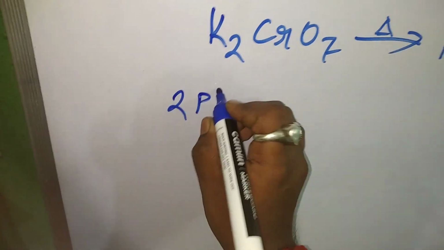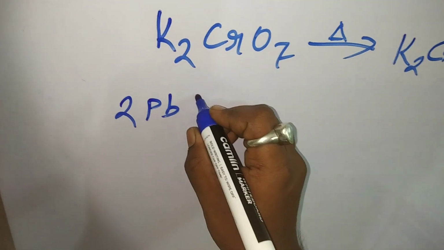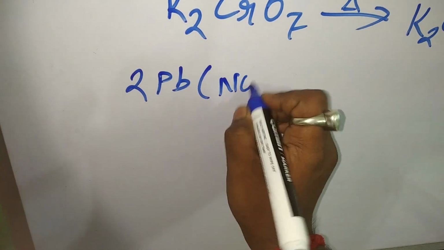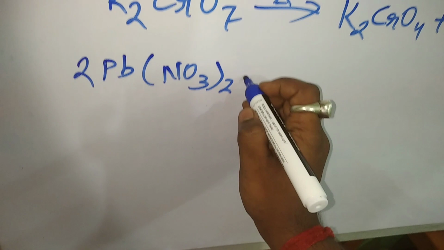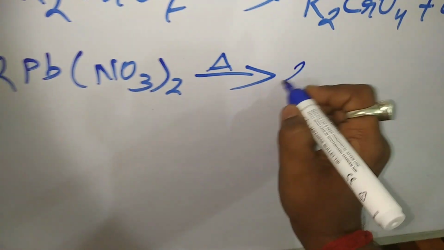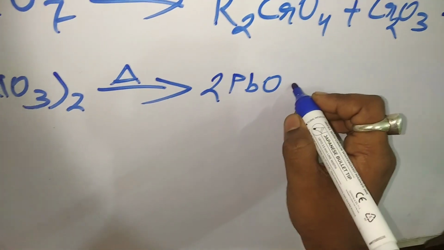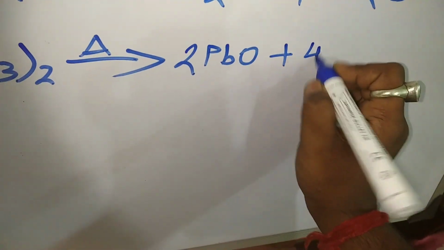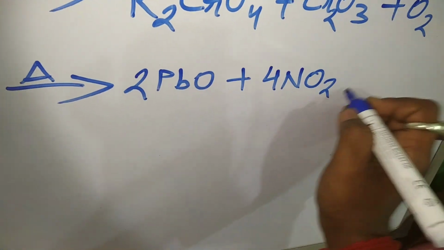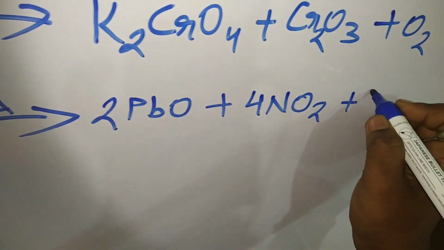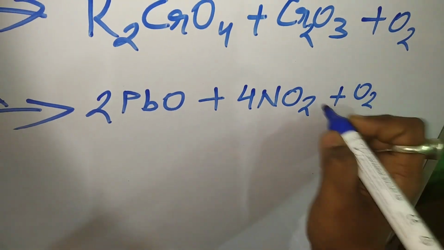We will take 2 moles of lead nitrate, Pb(NO3)2. It will decompose into 2PbO, lead oxide, plus 4 moles of NO2 plus oxygen.